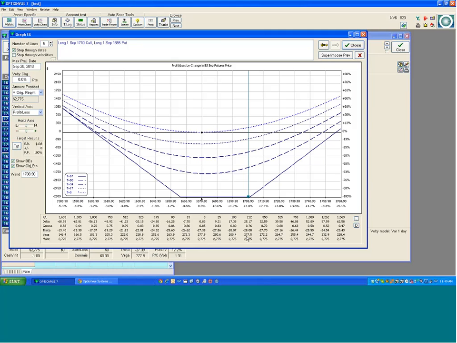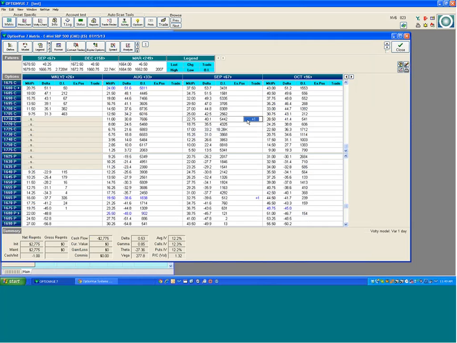Well, this is a position that would be called a reverse diagonal calendar spread with calls. That means we would be purchasing a call in the month of September and selling a call in October, and we want to do that for negative deltas.